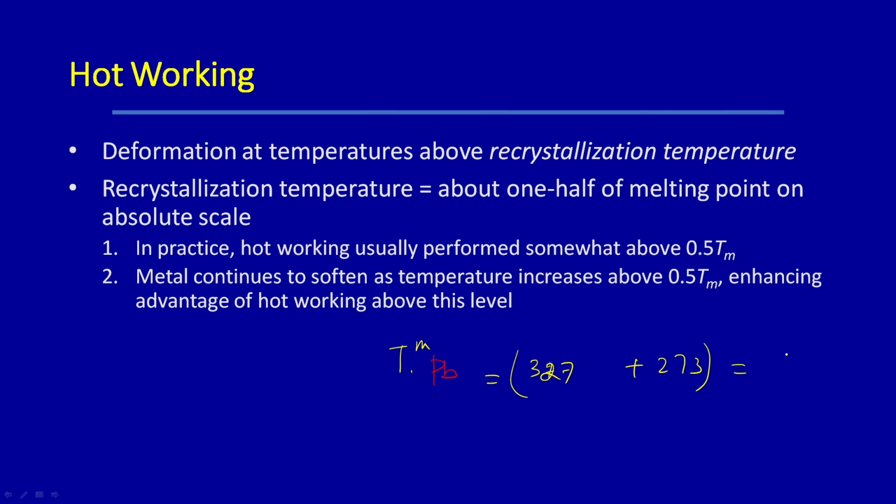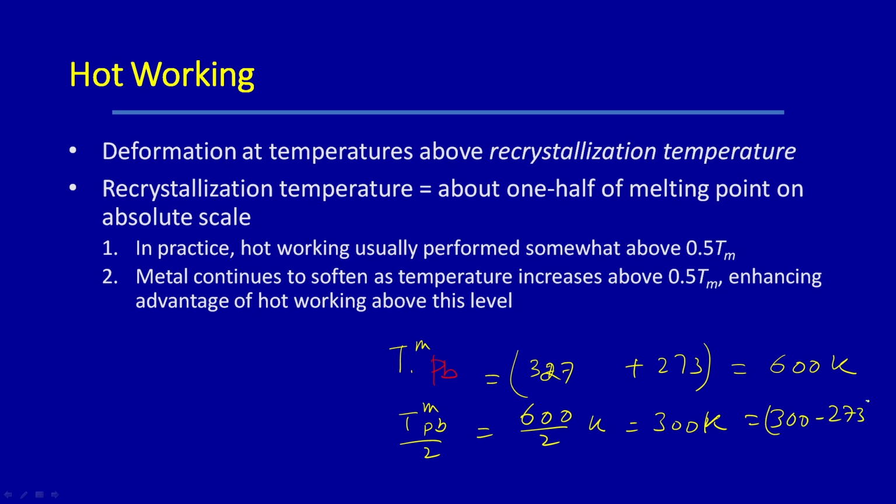So that means 600 Kelvin. So that means Tm by 2 is how much? That is equal to 600 by 2 Kelvin, that is equal to 300 Kelvin, that is equal to 300 minus 273 degrees Celsius, that is equal to 27 degrees Celsius.